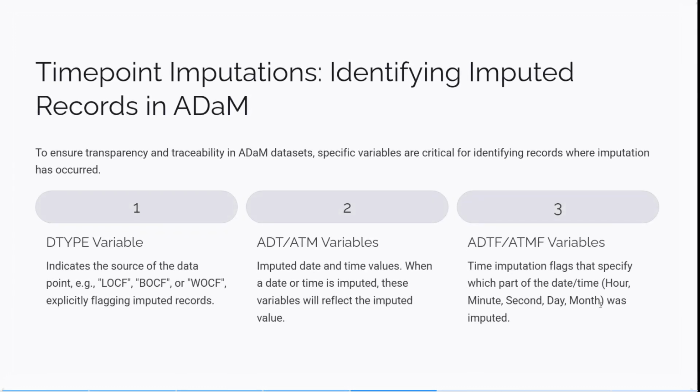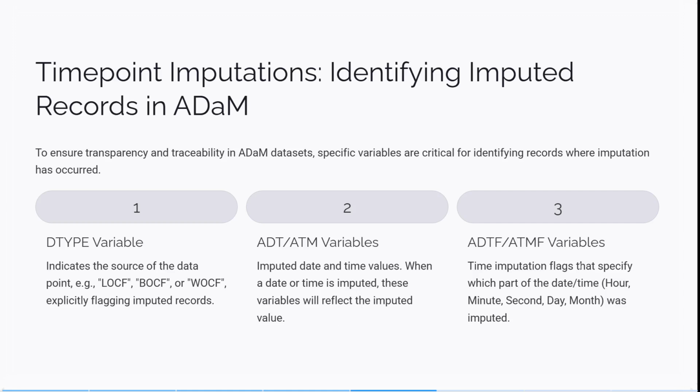Now, identifying the imputed records in ADaM. To ensure transparency and traceability in ADaM datasets, specific variables are critical for identifying the records where imputation has occurred. For example, the DTYPE variable indicates the source of the data point, LOCF, BOCF, WOCF, explicitly flagging imputed records. The analysis date and time variables hold the imputed date and time values; when the date and time is imputed, these variables reflect the imputed values.